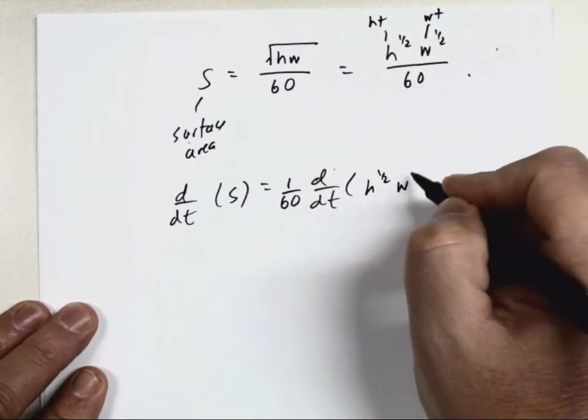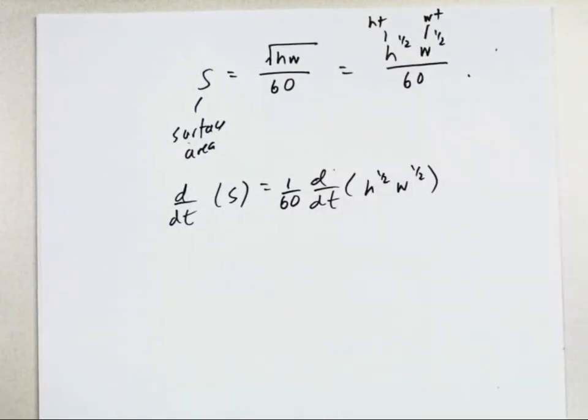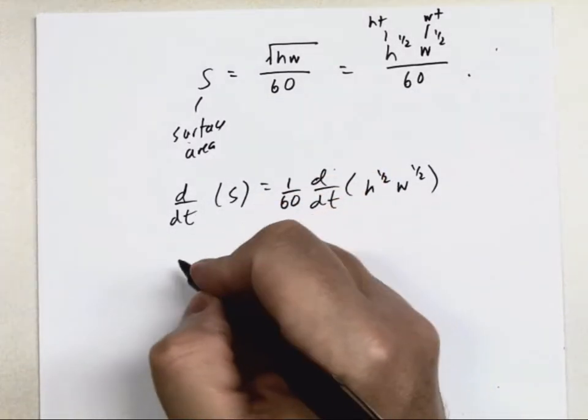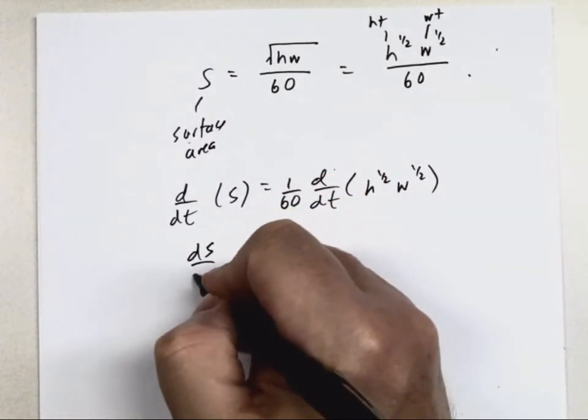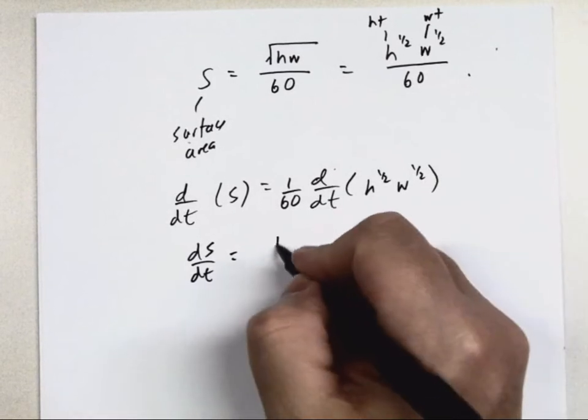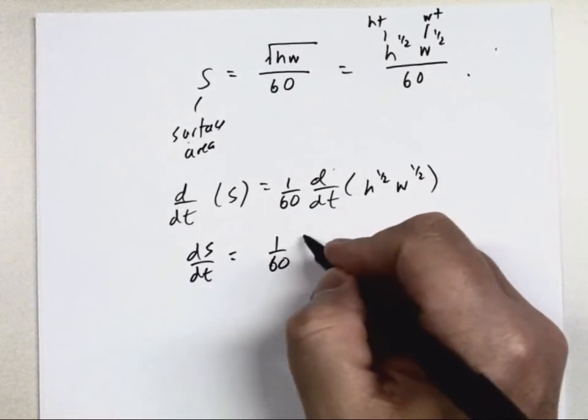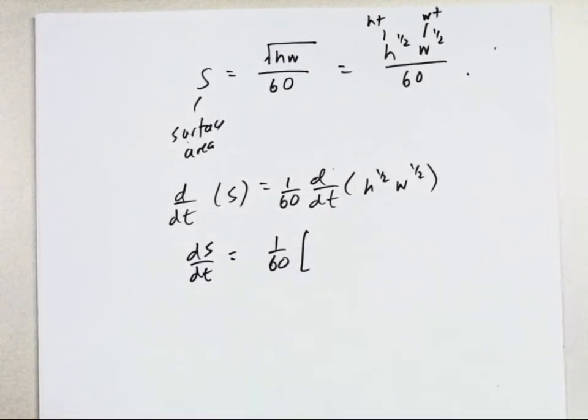So it's the derivative of h to the 1/2, w to the 1/2. Left-hand side's easy. ds dt, 1/60 is out front. But now here I've got product rule.